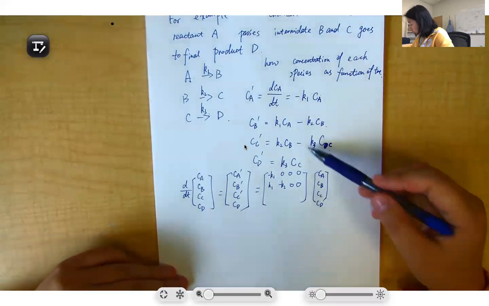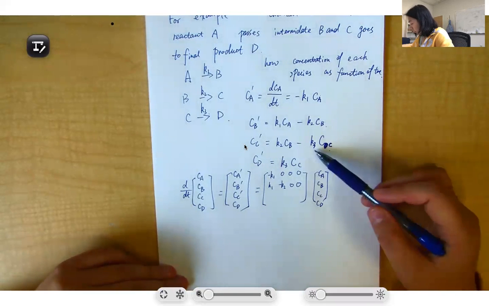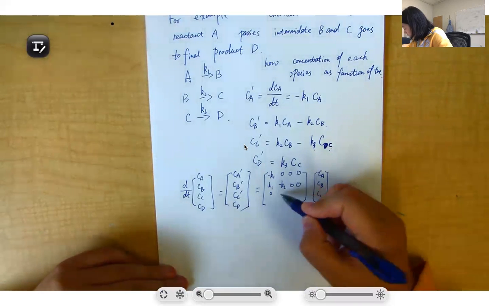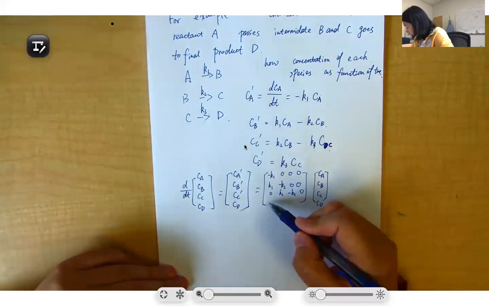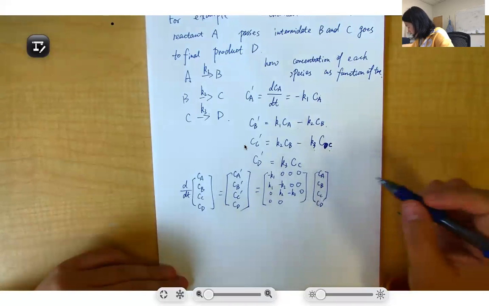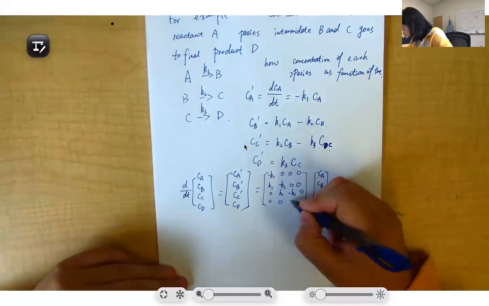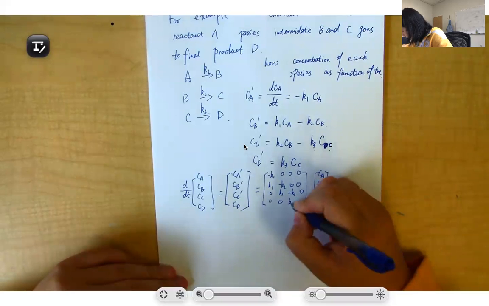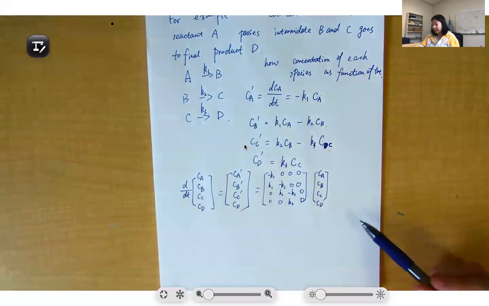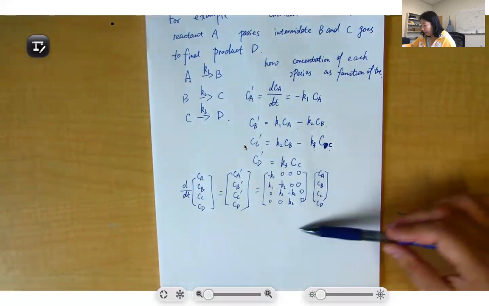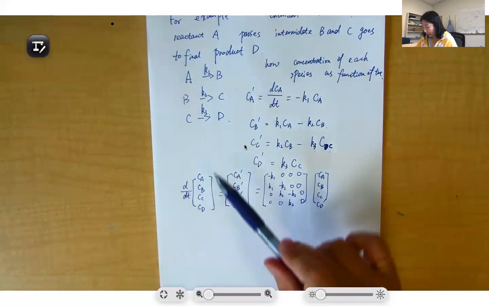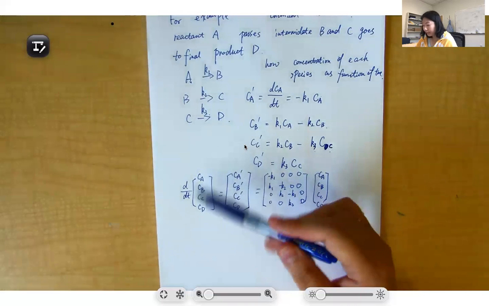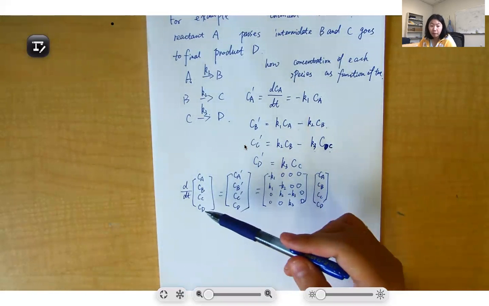The third line will be k2 CB minus k3 CC. So it's 0, k2, minus k3, 0. Then the last part will be k3 CC, right? So it's 0, 0, k3, 0. So you basically can solve this matrix equation to get what your concentration is as a function of time.